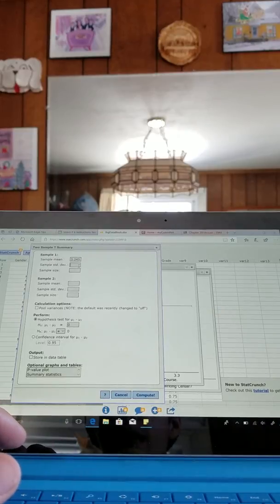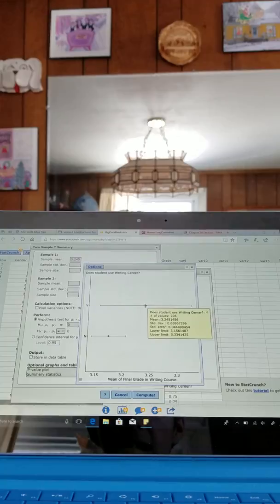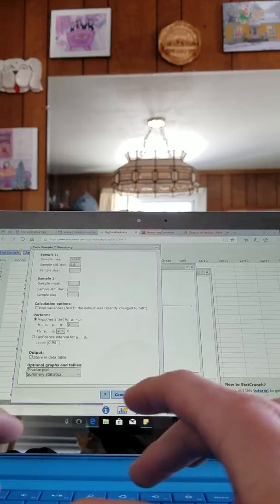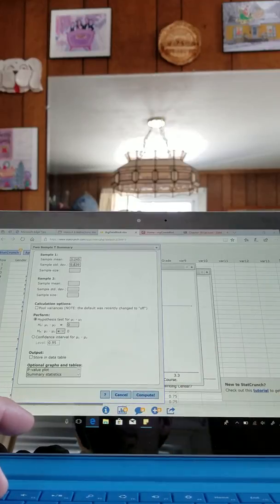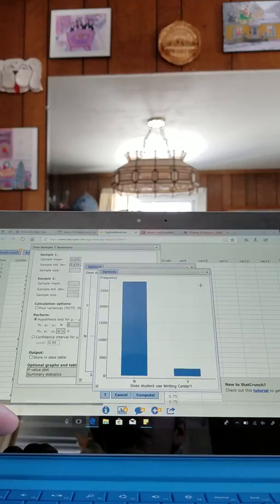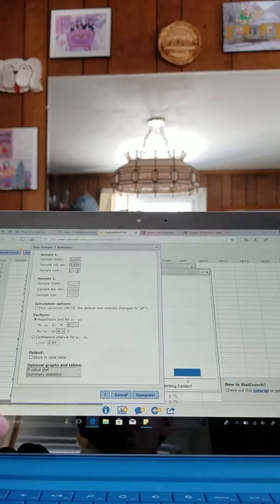And for our sample standard deviation, we have 0.639. And for our sample size, we said that is 206.